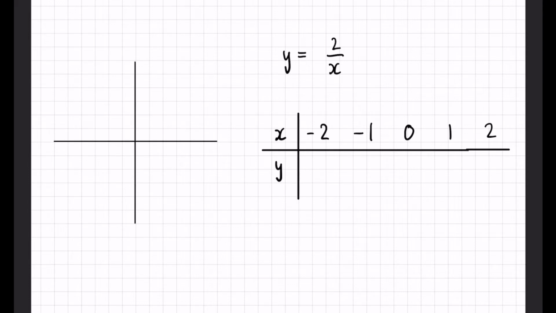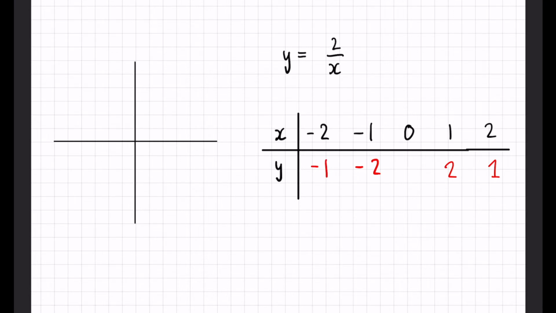So if we substitute 2 into this fraction, 2 over 2 is simply 1. So that's going to be our answer. Likewise, if we sub 1 into the fraction, our answer is going to be 2. 0 we're going to come back to. Minus 1 is going to be minus 2, and minus 2 is going to be minus 1.